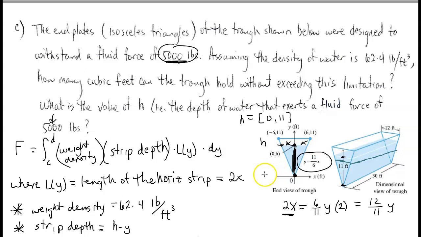So that's how we can figure out what that volume is going to be. It's just basically the area of, let me draw it right here, this triangle here. And then of course, we would multiply that times this length of 30 feet. And that's what we would get.